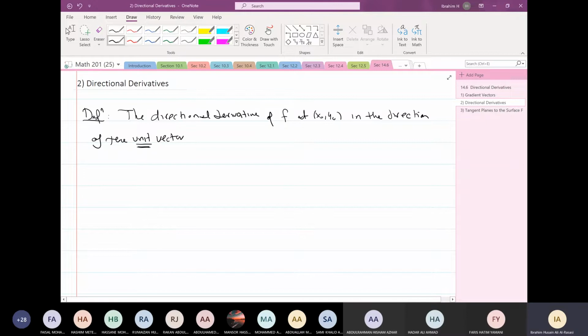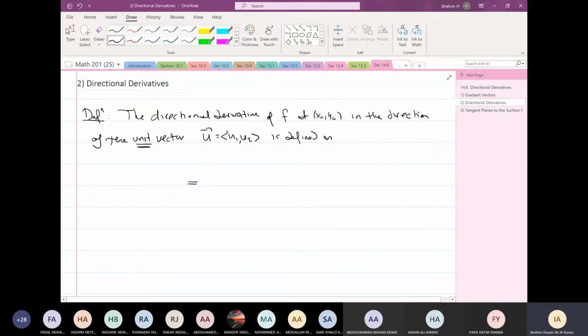It is very important: when you say direction, it has to be a unit vector, as was mentioned in section 12.2. Not a non-unit vector. In the direction of the unit vector u equals (u1, u2), it is defined as follows.